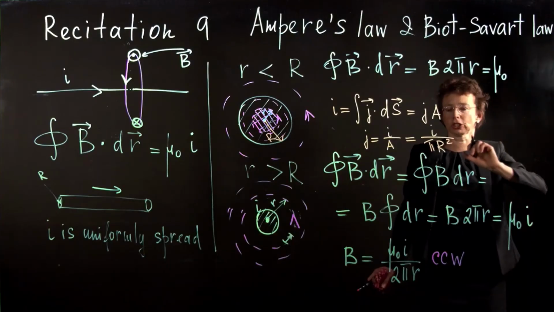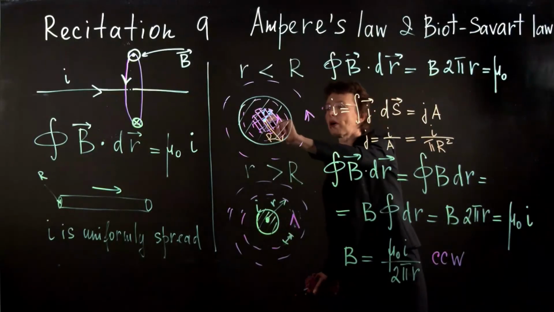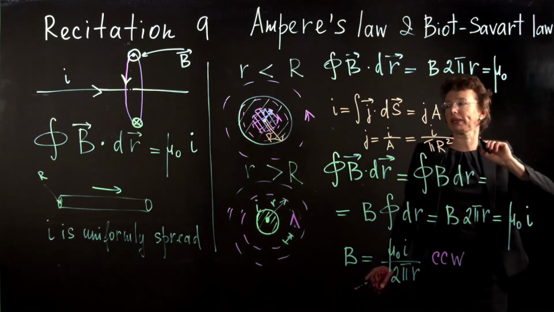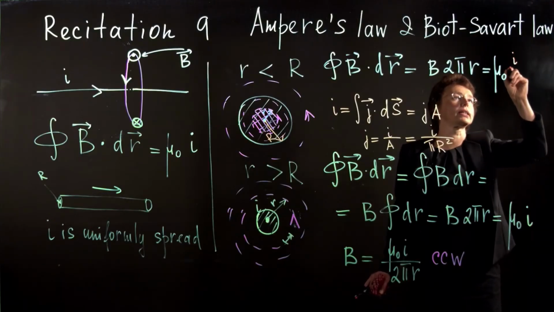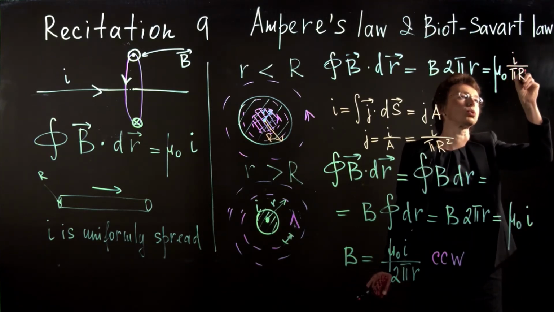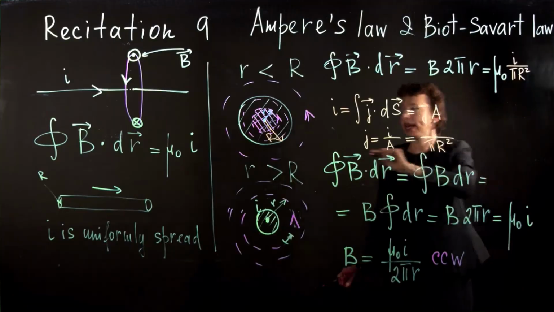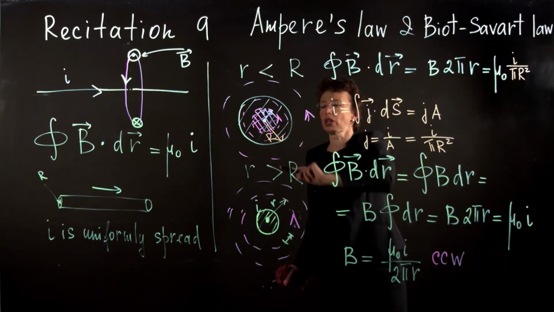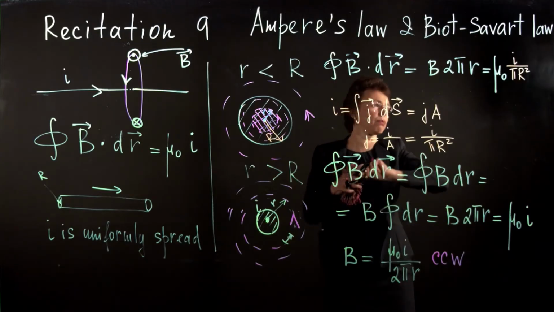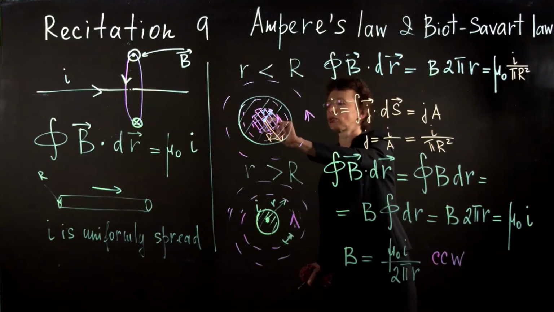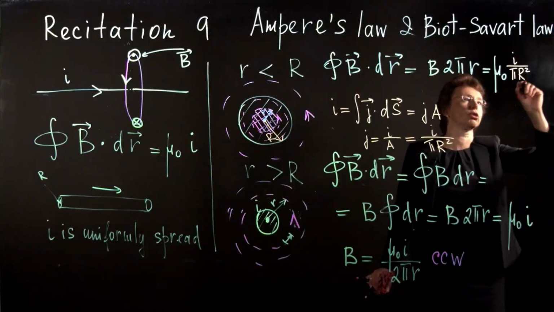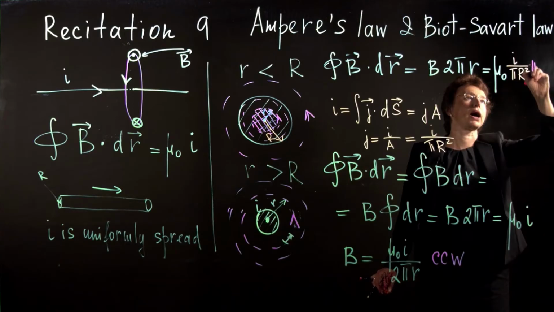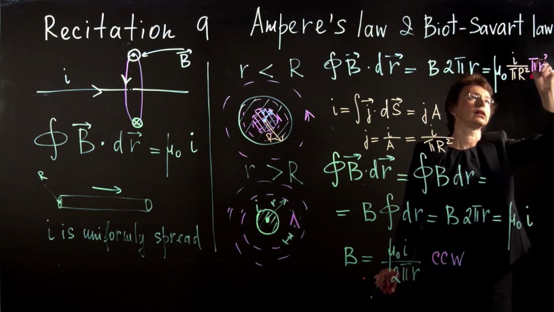What is the current enclosed by this arbitrary pink circumference? It is the current density, I divided by pi R squared, times the area enclosed by this pink circumference. What is the area enclosed by this circle? It is pi little r squared.